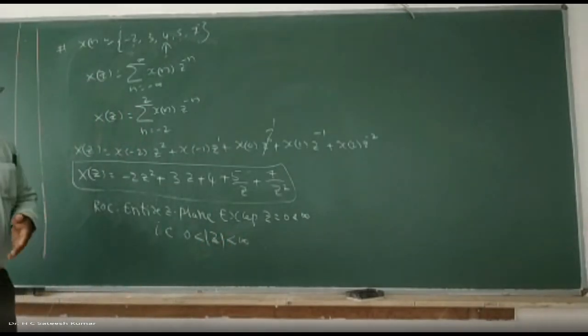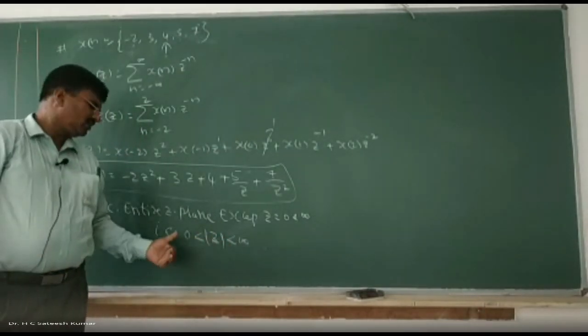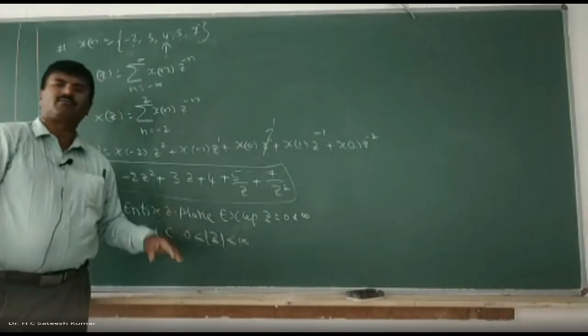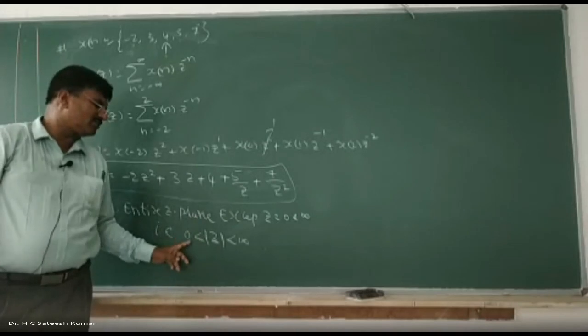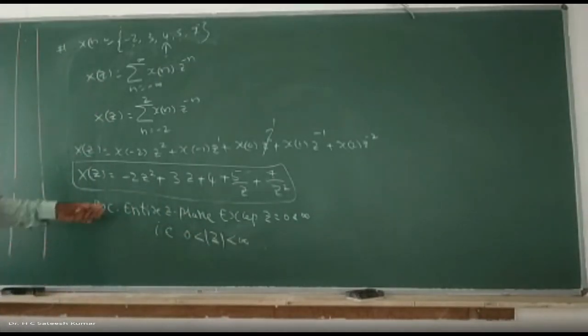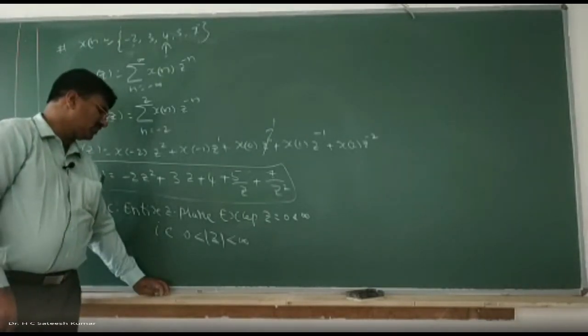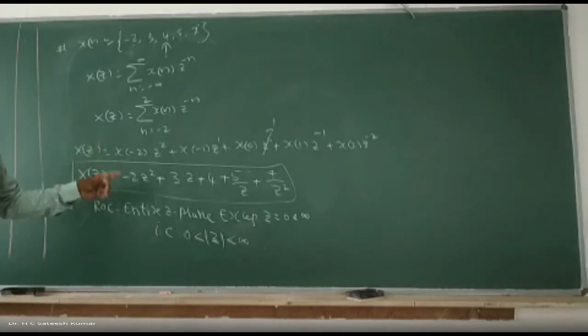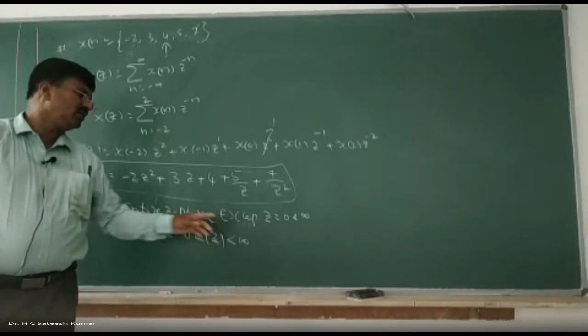Mod Z lies between 0 and infinity means exclude 0 as well as infinity, all other values, entire Z plane except Z is equal to 0 and infinity. So this is the Z transform of this kind of sequence. ROC indicates the values of Z for which X of Z is finite.